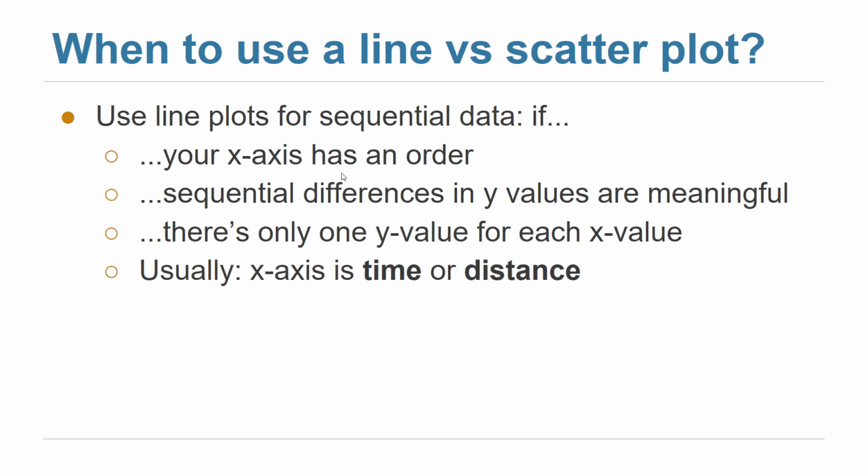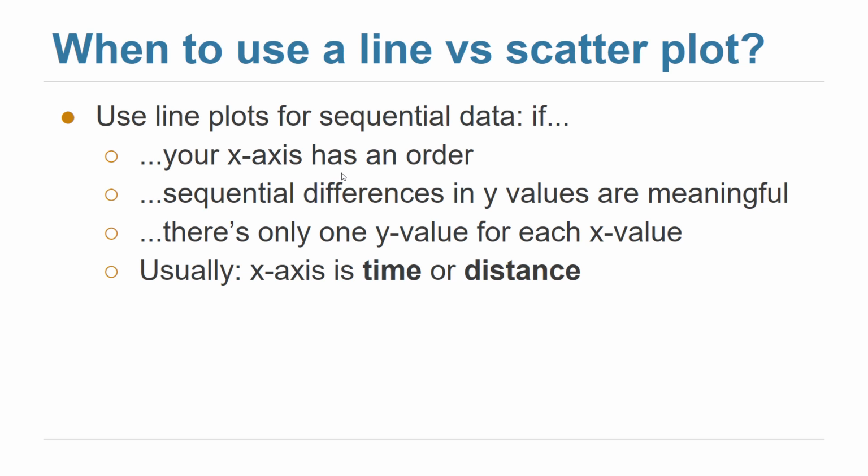When I have the values on the x-axis, for each value I have the y value. For two sequential x values, is there a meaning for the difference between the two y values? If that's the case, then the line plot makes sense here, because the sequential difference has a meaning.